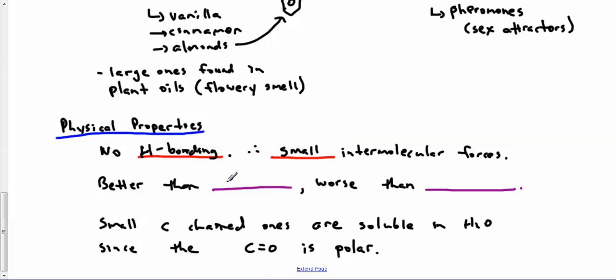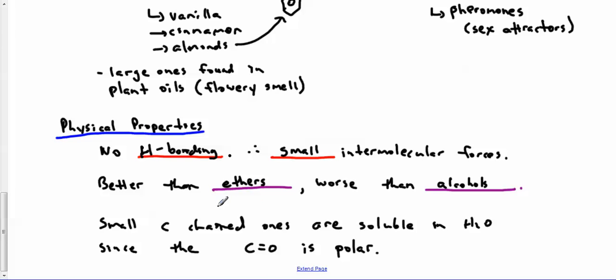If I'm interested in comparing the intermolecular forces in these with other molecules, they would be better than ethers, but they were probably worse than alcohols. Alcohols have hydrogen bonding, ethers don't either.